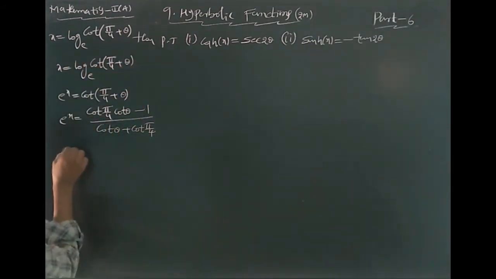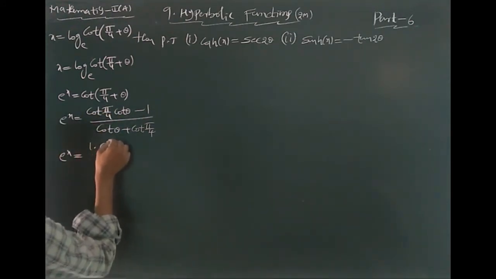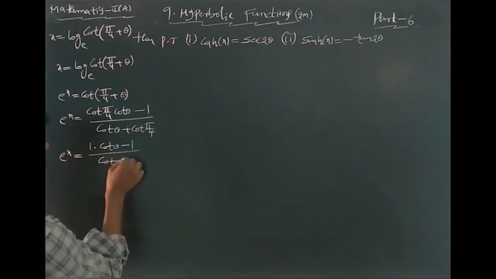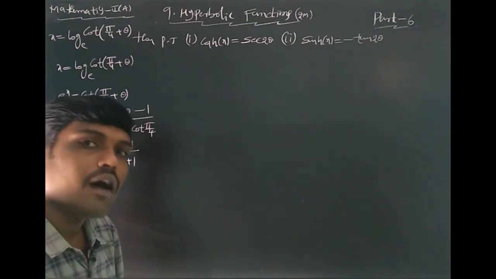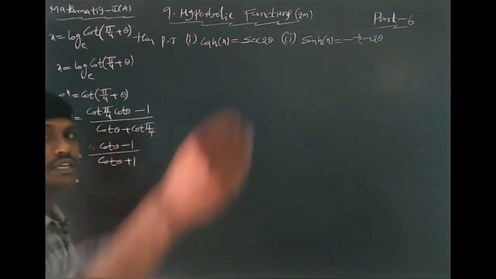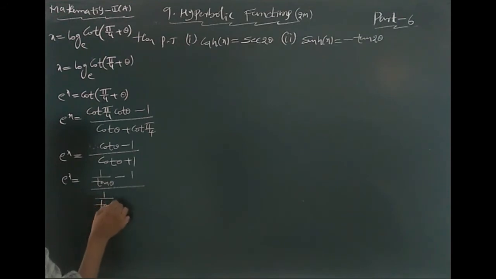After that you can write e power x equal to cot pi by 4, which is 1, into cot theta minus 1 by cot theta plus cot pi by 4, whose value is 1. 1 into cot theta we can write as cot theta. Next you can convert cot to tan: cot is 1 by tan theta, so 1 by tan theta minus 1 by 1 by tan theta plus 1, whole by 1.